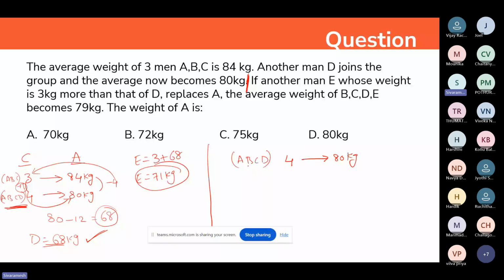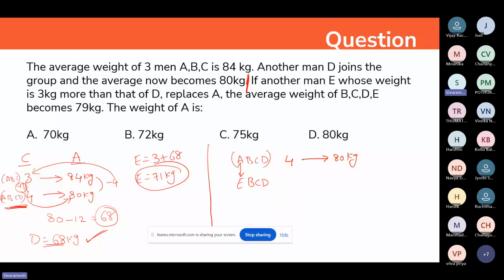Now they are mentioning that if another man E, whose weight is 3 kgs more than that of D, replaces A, it means E is replacing A, and the remaining B, C, D are the same.